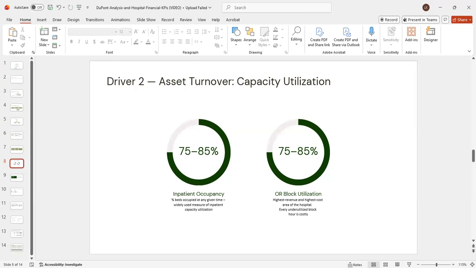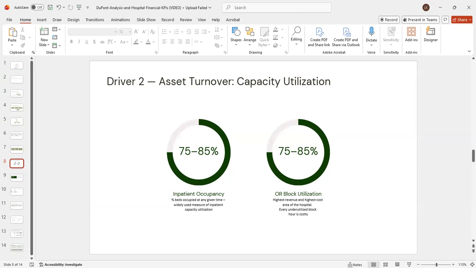And because of that, every single underutilized hour in an operating room is an incredible waste of fixed capital assets. So hospitals try to maximize the block utilization of the OR in an attempt to optimize asset turnover.